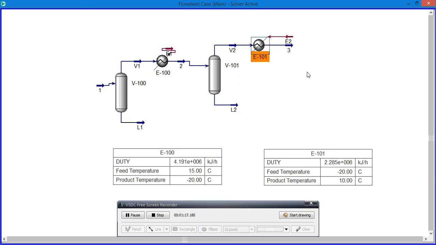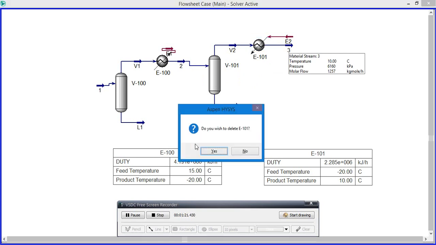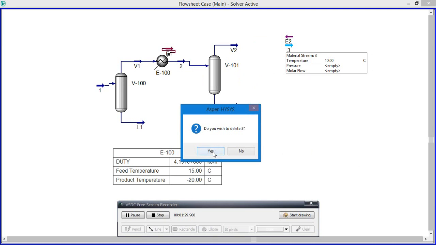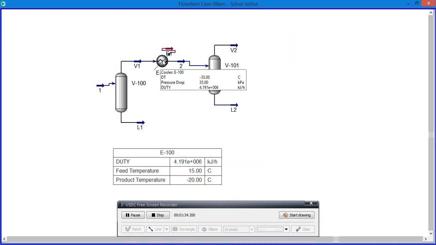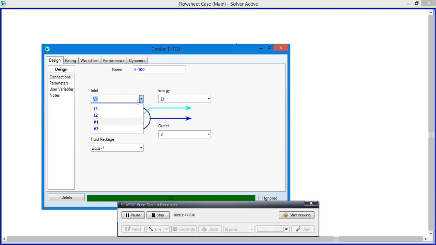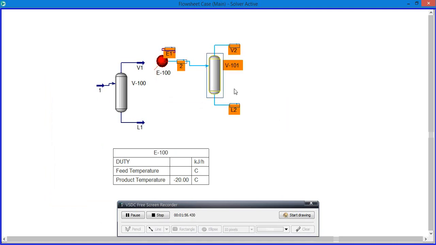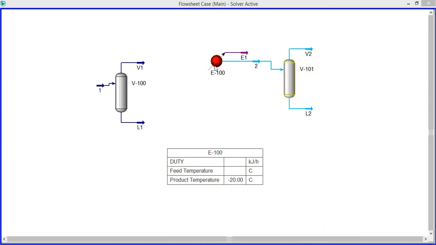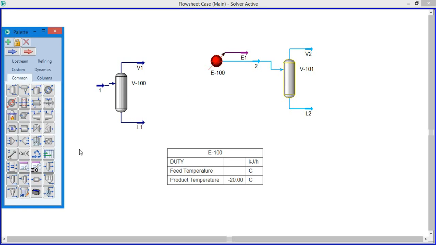So we are going to start from deleting some streams. Now add the heat exchanger from the palette.